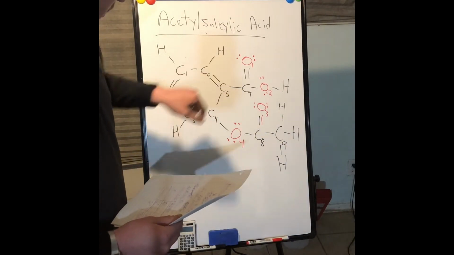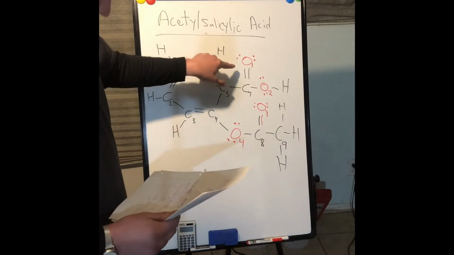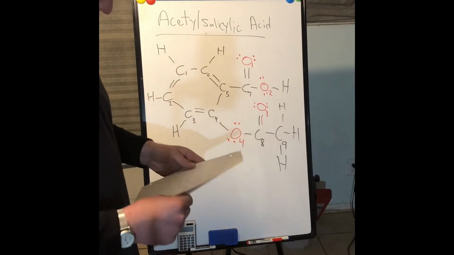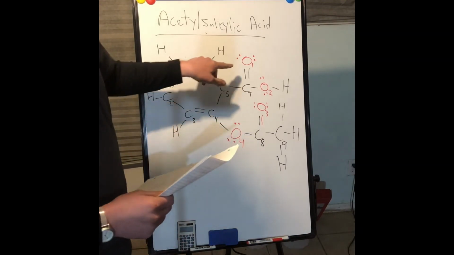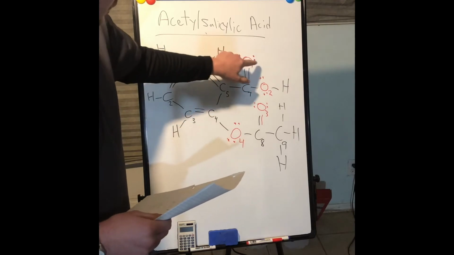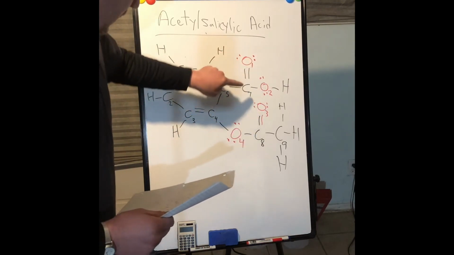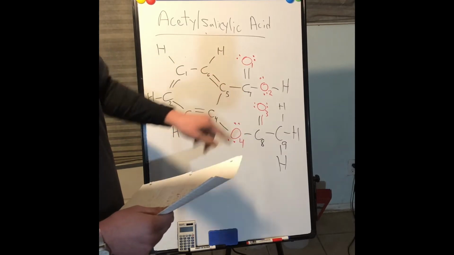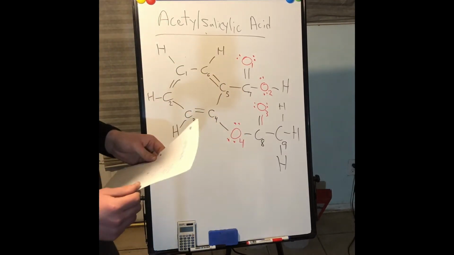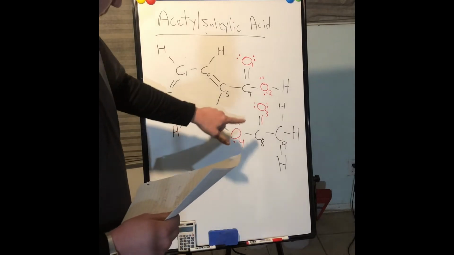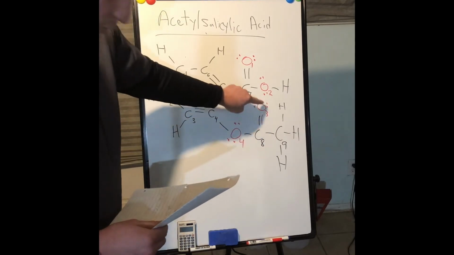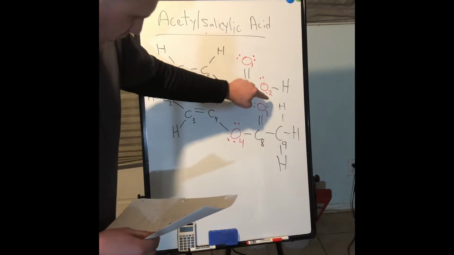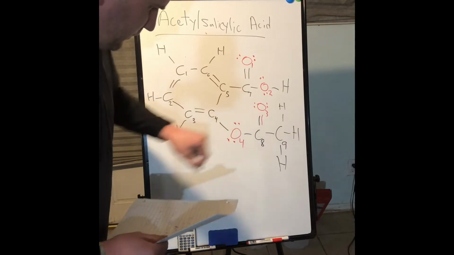O1 is a little bit different, I think. O1 has 2 electron pairs, and it's bonded to 1 atom. So it still has a steric number of 3, so it's still sp2. O3 is also sp2 because 2 pairs, 1 atom is bonded to.